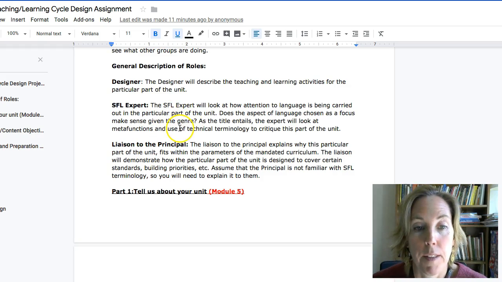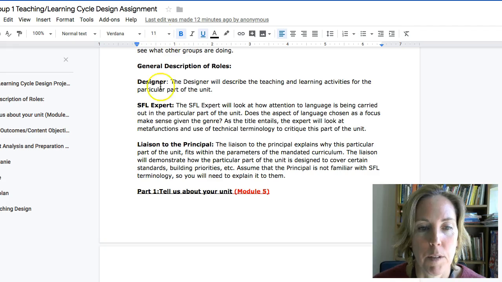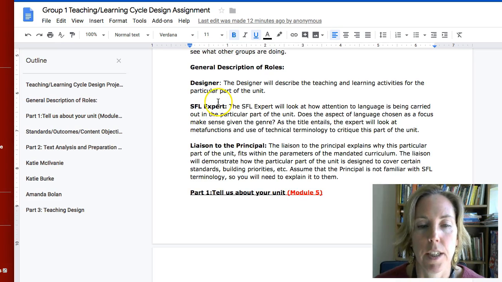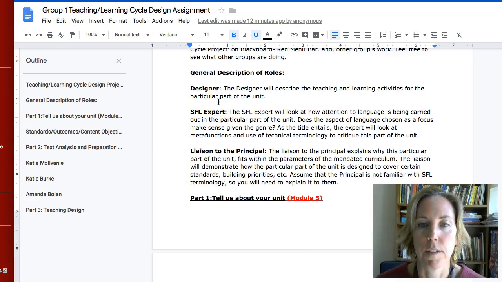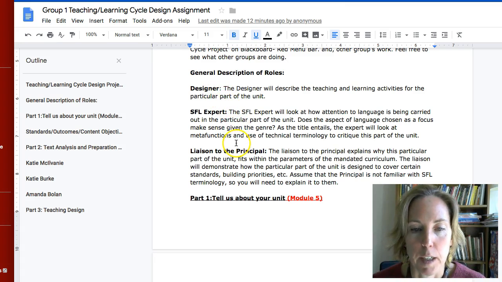And so they write about that, and then the liaison to the principal unpacks that and takes whatever the SFL person wrote and puts it in everyday language that a principal who's not familiar with SFL would understand. So experiencing all those, I think, is very useful. And then they have an option with their final project, if there was a part of this unit that they wanted to design that they didn't get to, they can do that for their final project.